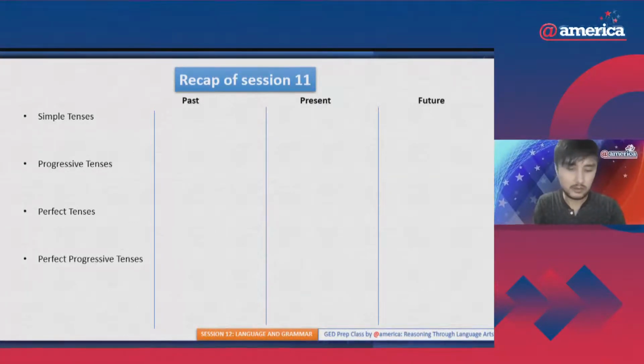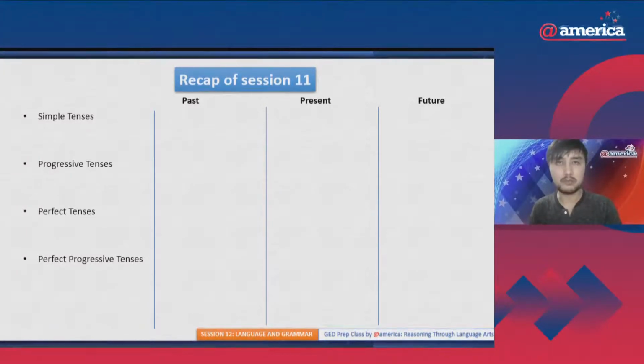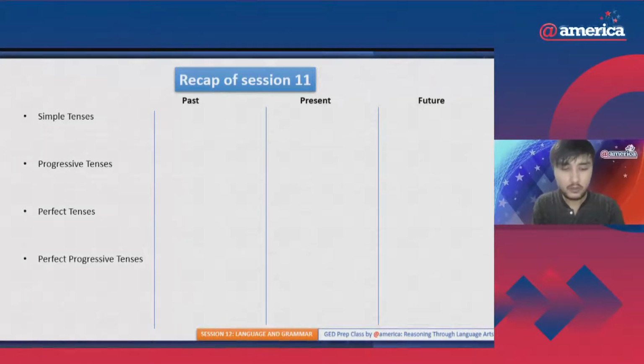For the past, you could say, and because we need helping verbs for progressive of the past, we use the past form of the to be verbs, which is the second form or the only past form.